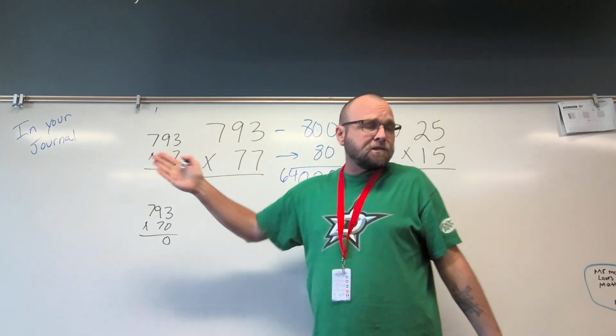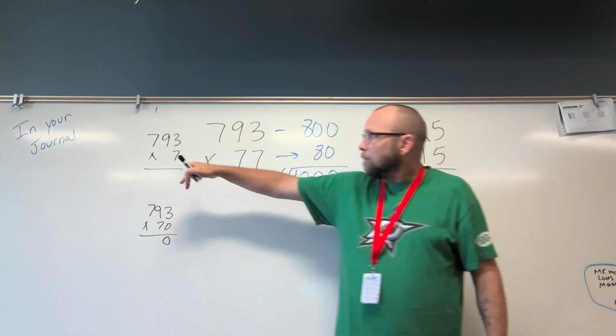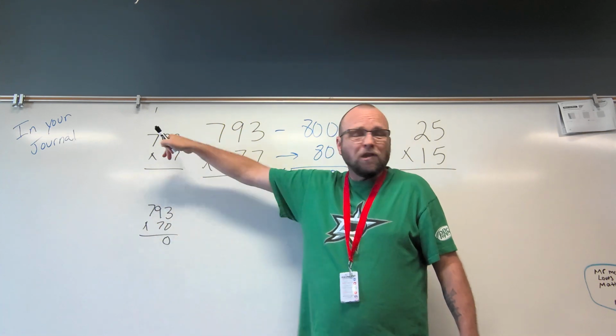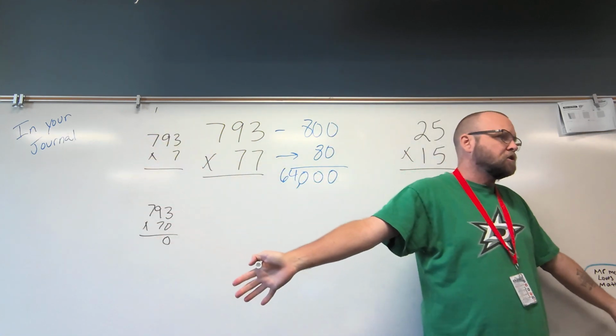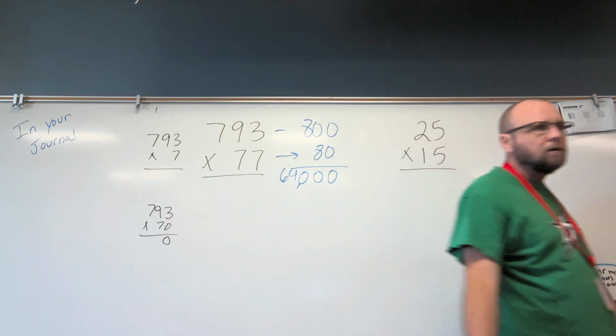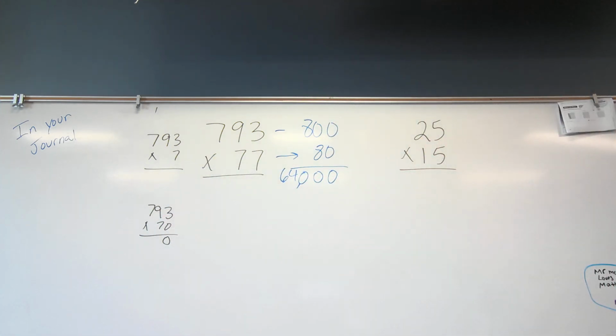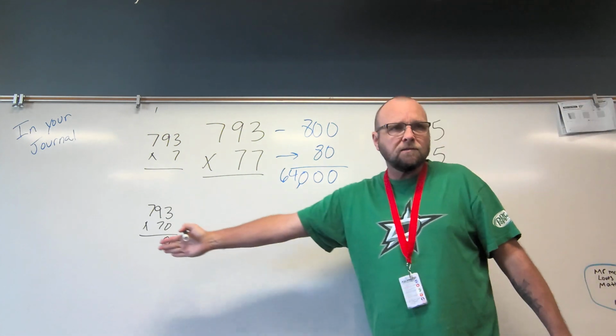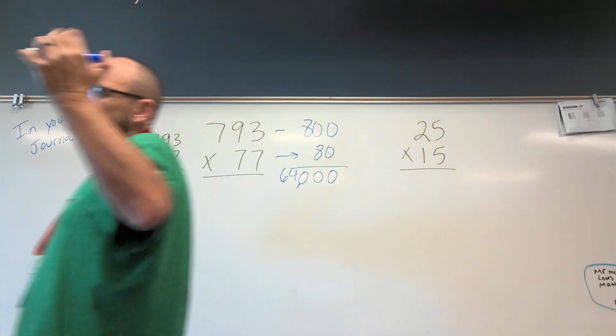So if it's easier for you to only see something with a one-digit factor, because we're only multiplying by one digit at a time anyway, then break it apart like this. I'm just saying.